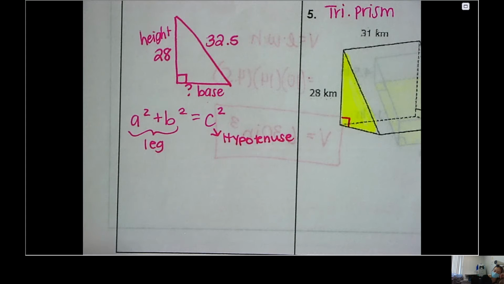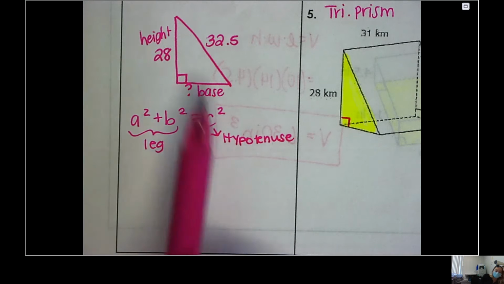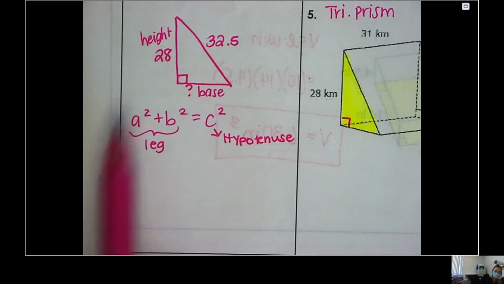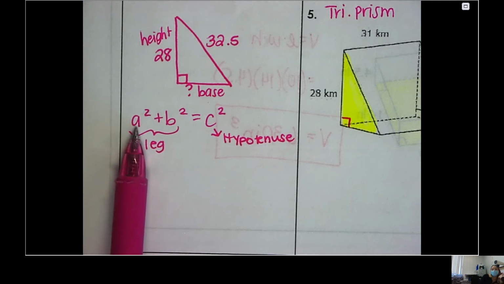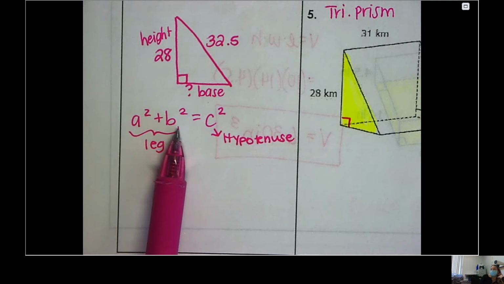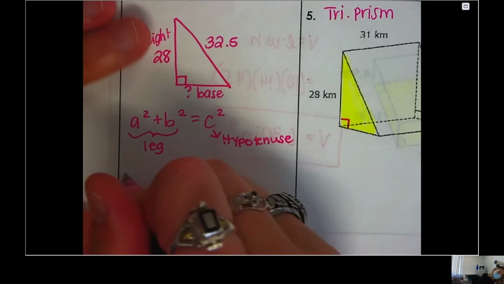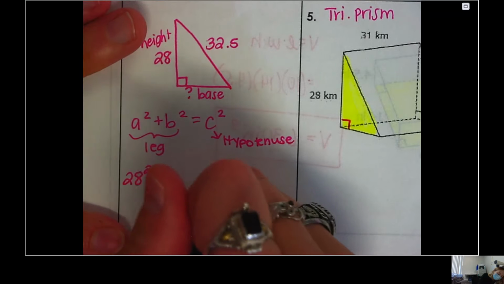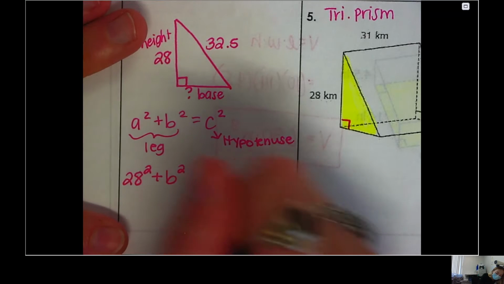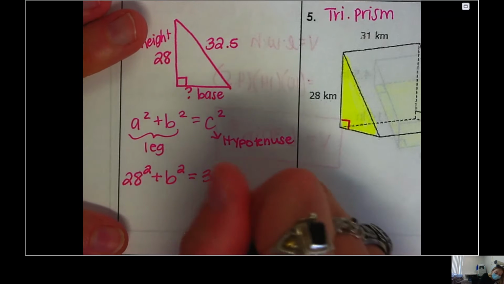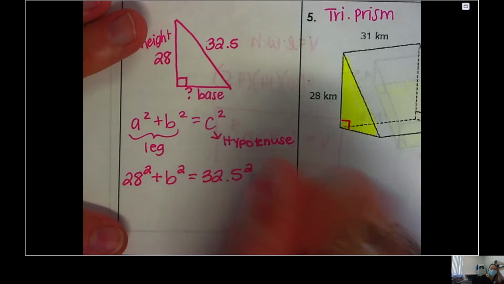Good, it's the number across from the 90. So I'm going to put in my 28 as either my A or my B. I'm going to put it as my A so then I can solve for B, which is my base. Makes sense? So I'm going to do 28 squared plus B squared equals 32.5 squared.